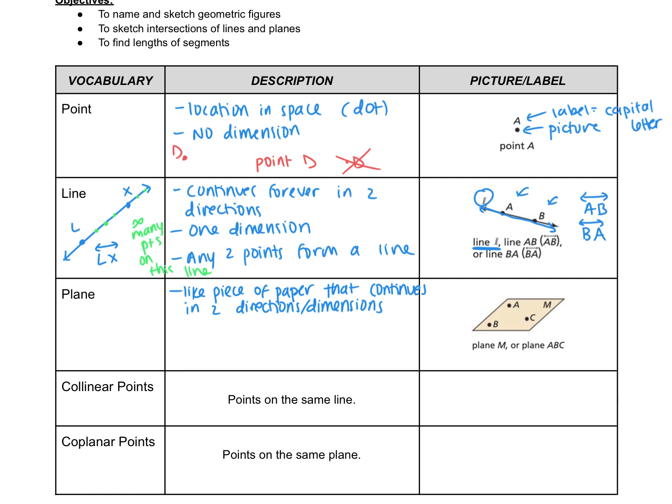So here's what I mean by that. This is my line. It continues this way and it continues this way. If I consider this my plane, it's going to continue this way, this way, this way, this way, everything that's horizontal.